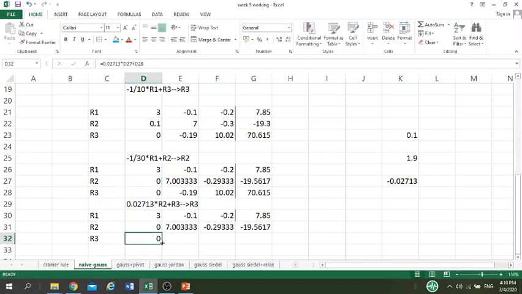And same thing for the next. You see that this is actually 0, because the value is very small, so we can assume that this is 0.